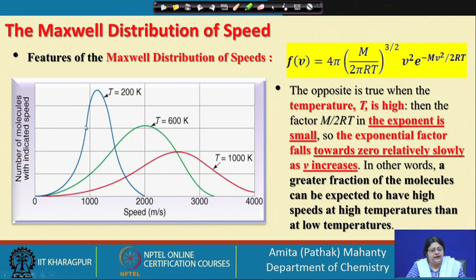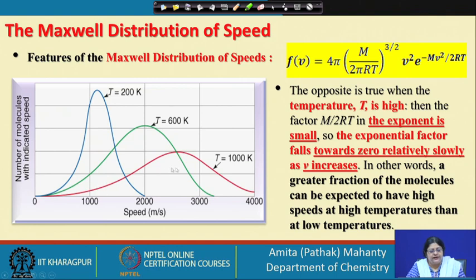So, when you see the temperature 200, 600 and 1000, you are increasing the temperature. What you are doing is decreasing the exponential term, which is a negative term. So, the decay is reduced. The exponential factor that falls towards 0 is relatively slow as you increase the temperature.